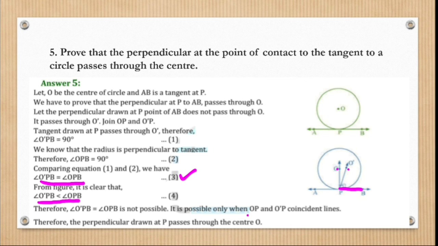It is possible if OP and O dash P coincide with each other. That means we considered that the perpendicular drawn at P does not pass through O, it passes through O dash. That means our assumption is wrong. The perpendicular drawn at the point P will pass through the center O.